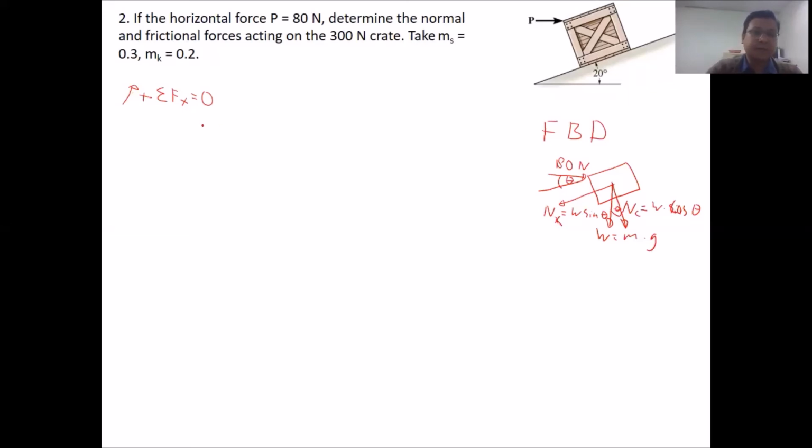So we have in the X direction 80 Newton cos theta, because it's considered positive to the right side, and also negative, we have here 300 Newton sine theta.